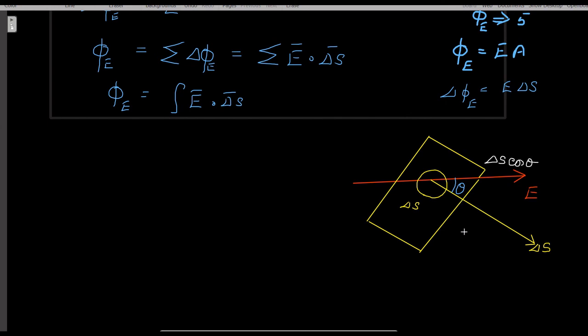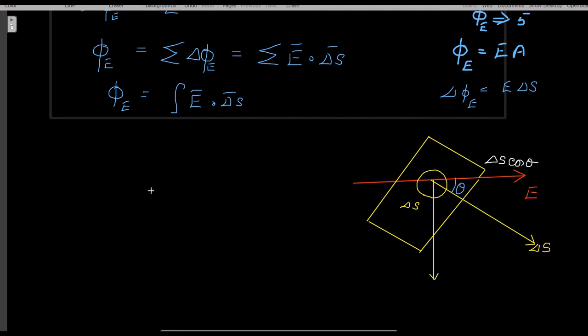This delta S can be resolved into two components. So this is delta S cos theta, and perpendicular to this must be delta S sin theta. Nothing to do with delta S sin theta. So we need the component of delta S along the direction of electric field, which is delta S cos theta.